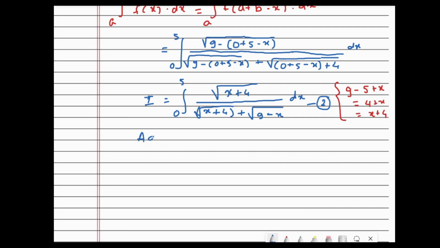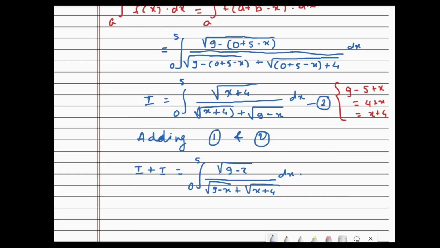So adding equations 1 and 2, on the left side it will be I plus I, and on the right side there will be two integrals. First one, the original problem, that is under root 9 minus x, and the denominator is under root 9 minus x plus under root x plus 4, dx.